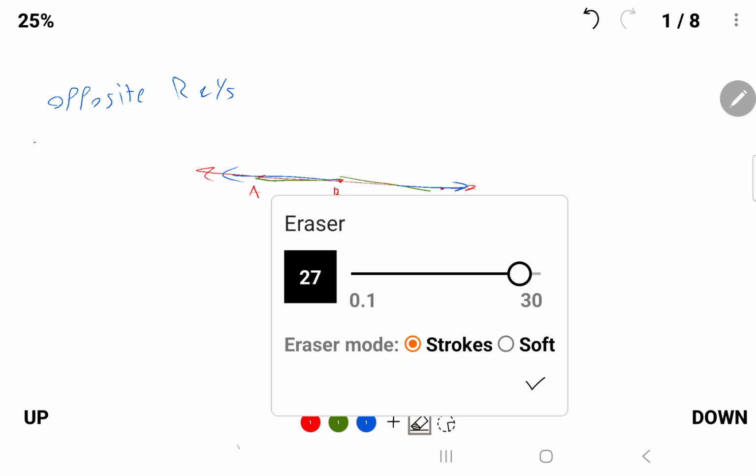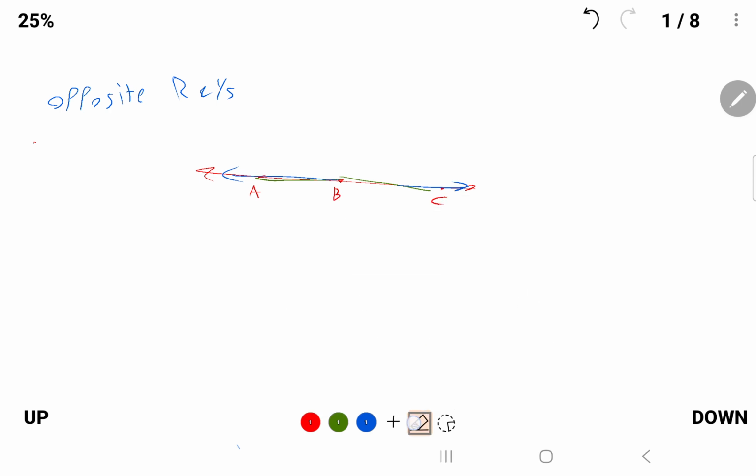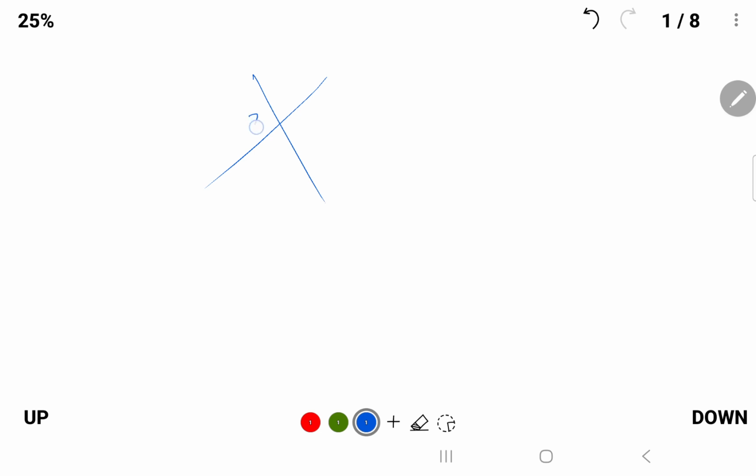Now let's move to the question. Let's say here we have angle 2 and angle 3. Angle 2 is equal to x squared plus 6. Angle 3 is equal to 7x plus 14.